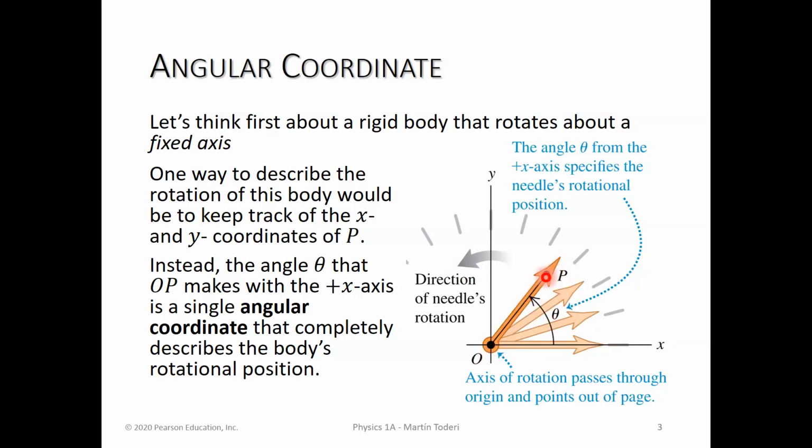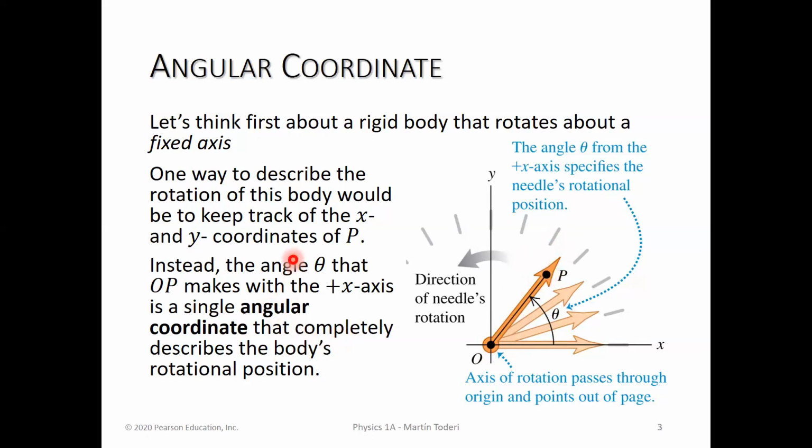So this is not just a particle anymore, but a rigid body. If all of the particles, or the differentials of mass, that are composing that rigid body are not changing their distance between each other, then if we establish the angle theta, we will know the position of all the points of the rigid body.